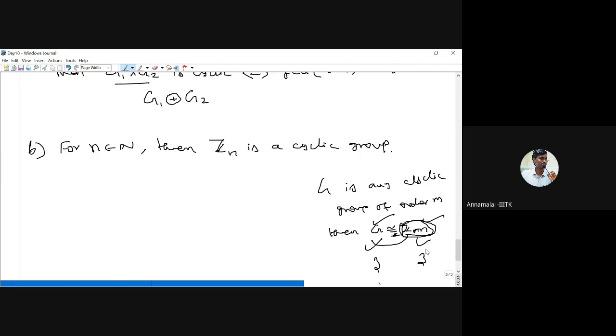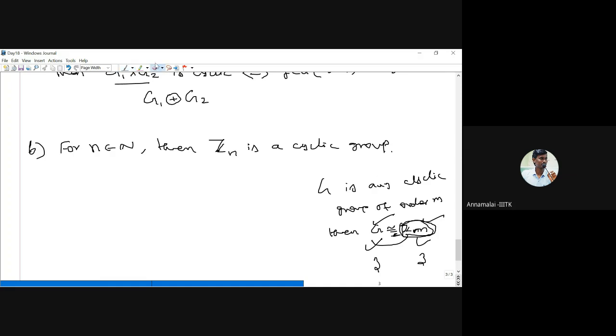So this theorem is very important. Any cyclic group of order m is nothing but Zm. So we have only one finite cyclic group of order n, and everything is isomorphic to this one. Similarly, any infinite cyclic group is isomorphic to the integers. So there are two important cyclic groups: one is Zn, another one is the integers.